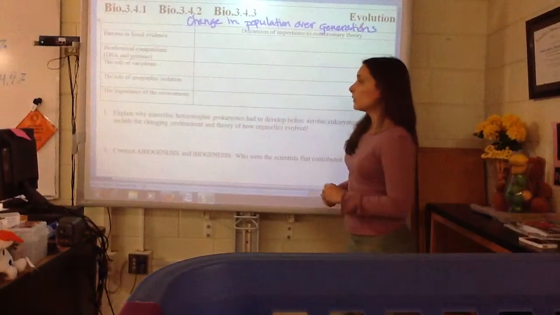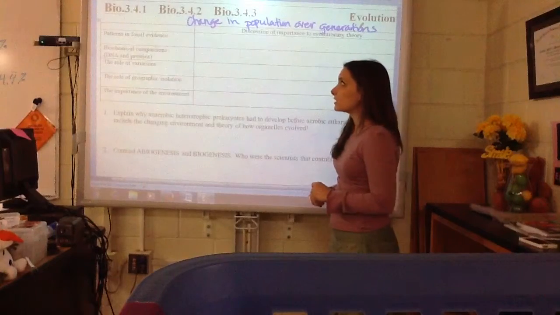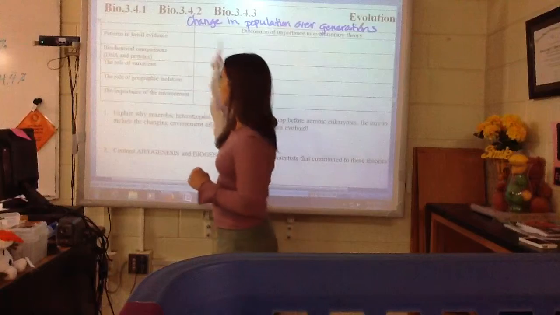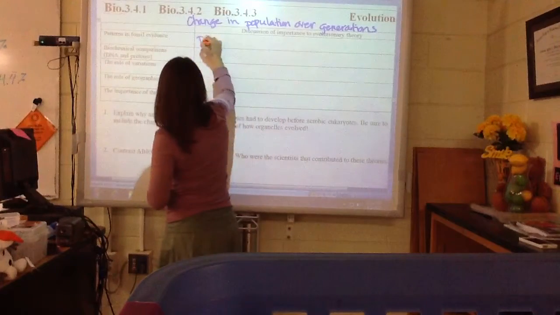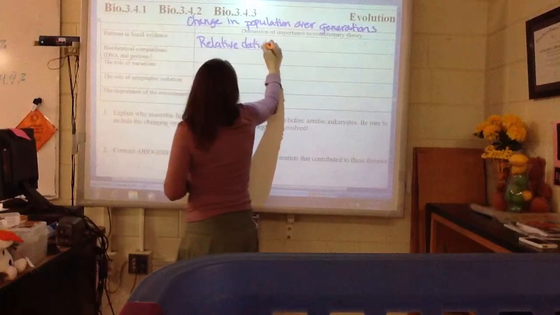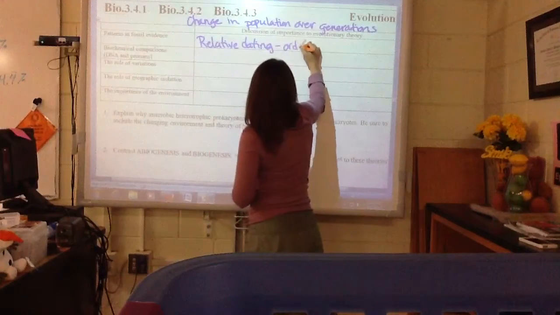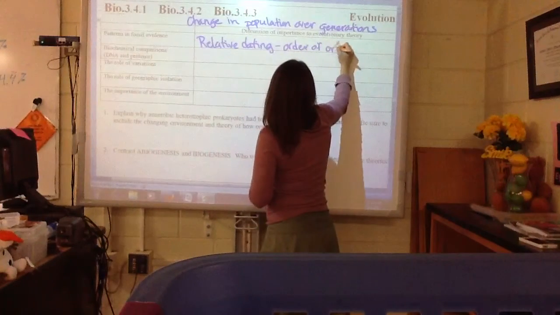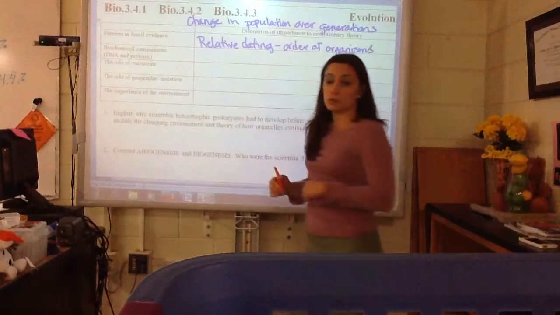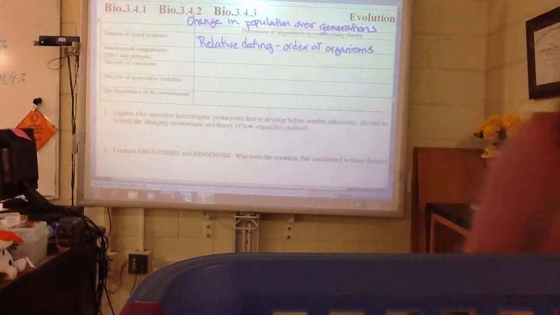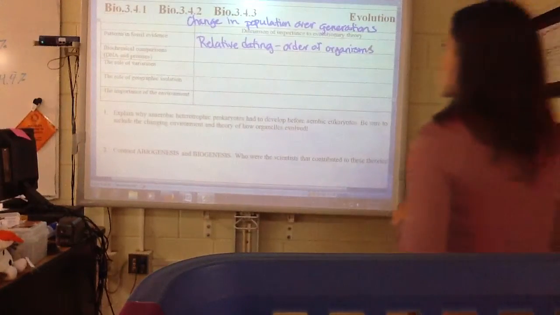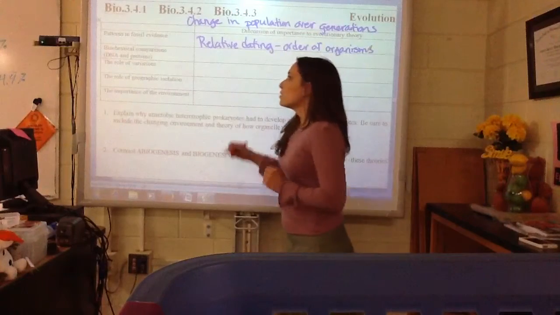So when we look at this set of notes, we do want to know that there are patterns in fossil evidence. You do need to know relative dating, and this tells me the order of the organisms. We also have something called radioactive dating, which will tell us the exact time of the organism, but we focus mostly on relative dating.